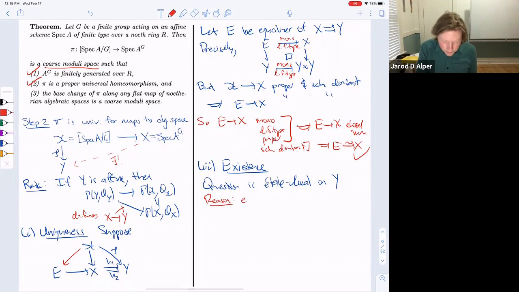The reason for this is tau descent and the universal property.